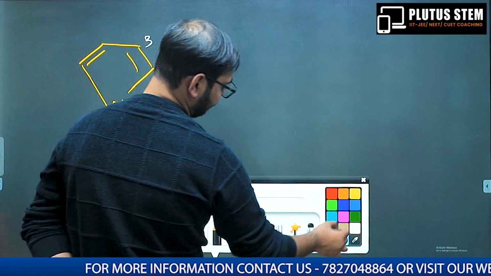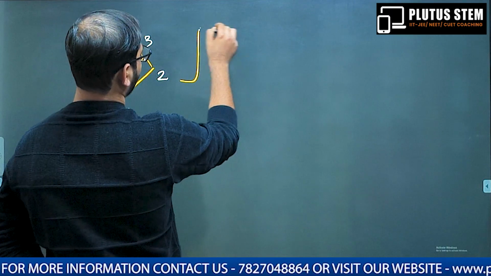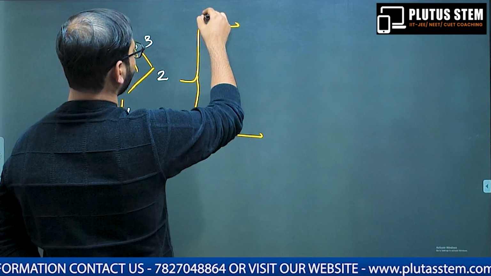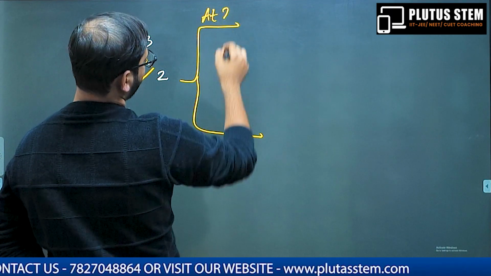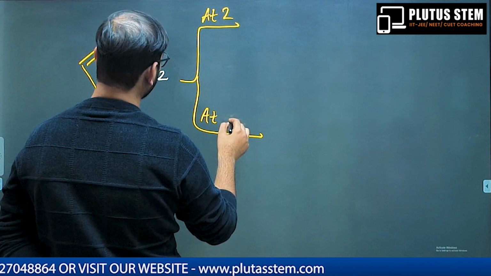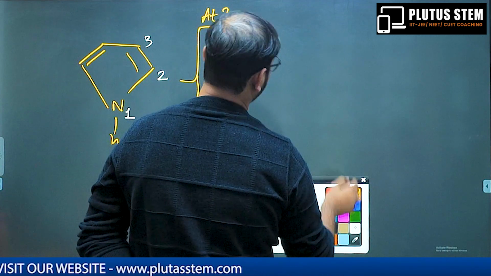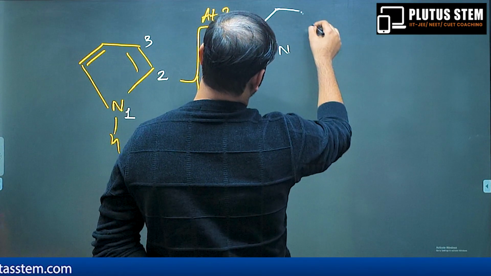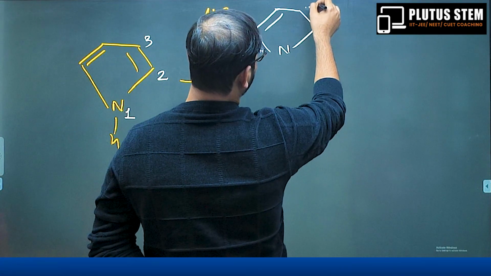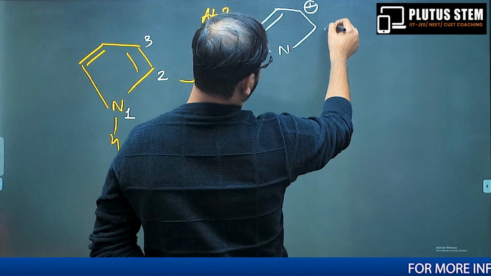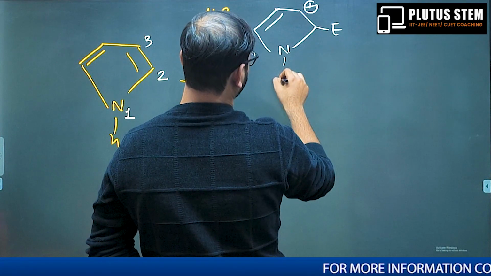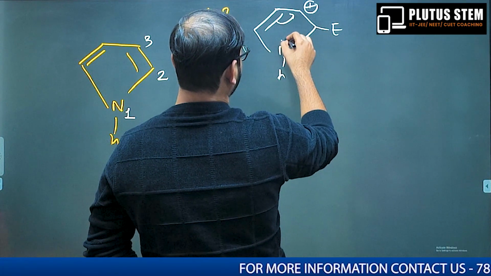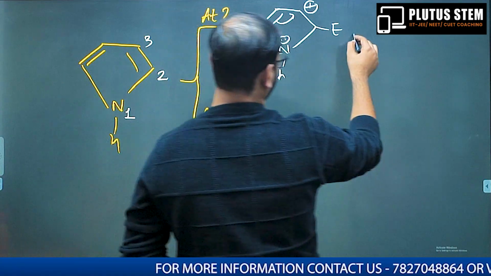For any electrophile, again I have the option of two positions: position number 2 and position number 3. If the electrophile gets attached at position number 2, this will be a positive charge, with the electrophile here, stabilized by the lone pair here.